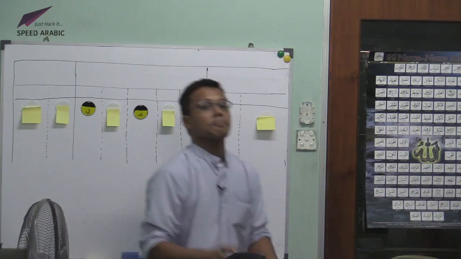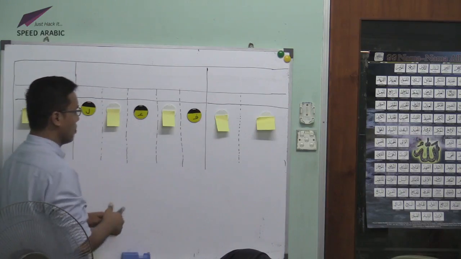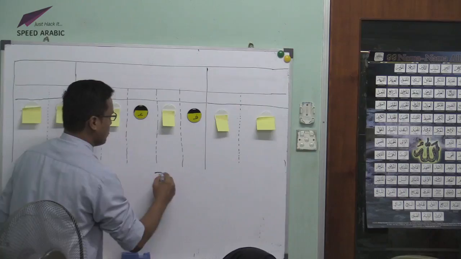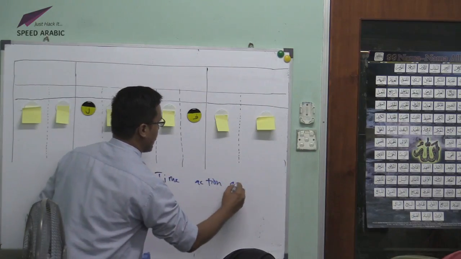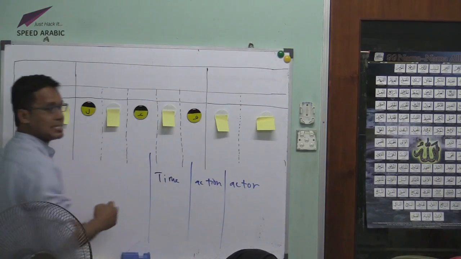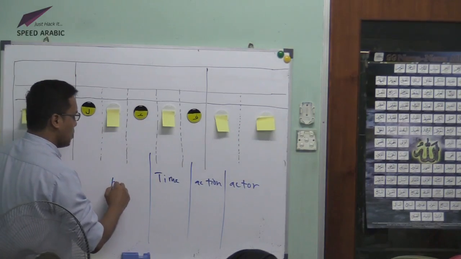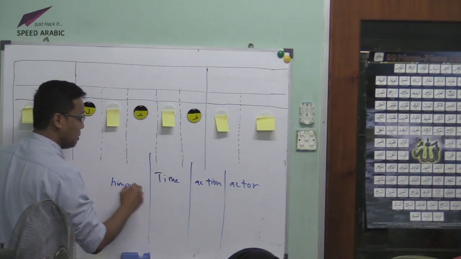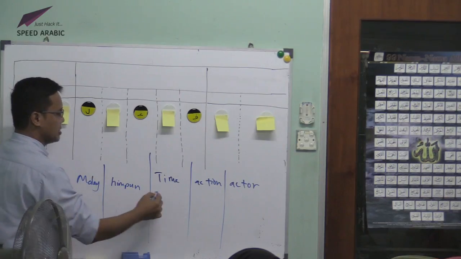The next one, the verb. What is the thing that you should know about the verb? TAA. What does TAA stand for? Time, action, actor. So when I say himpun in Malay, is there time?